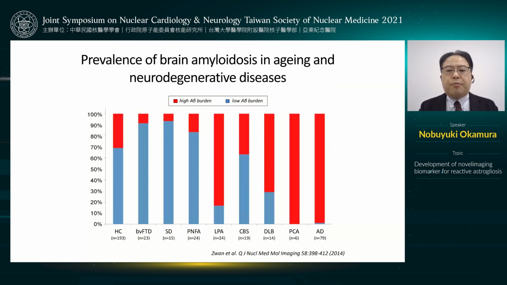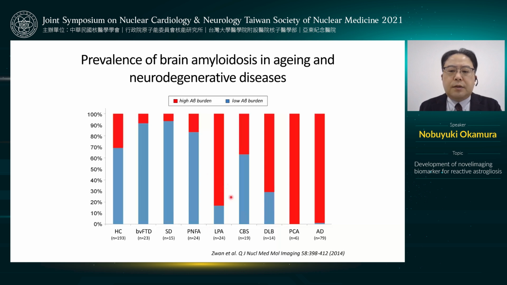Amyloid PET has been applied to a wide spectrum of neurodegenerative conditions, consistent with the findings in neuropathological studies. The majority of patients with posterior cortical atrophy and logopenic aphasia show positive findings in amyloid PET.